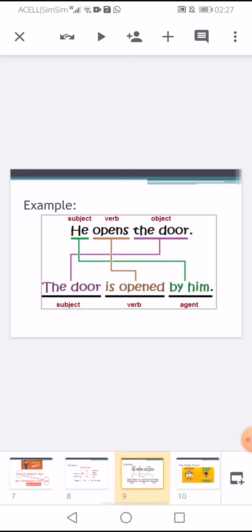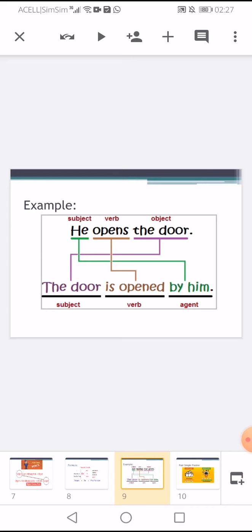Let's have a look at the next example. He opens the door. Who is the subject of the sentence? Yes, he is the subject. What's the verb? Yes, exactly, opens. So the door is the object of the sentence. And the second sentence is the passive sentence.